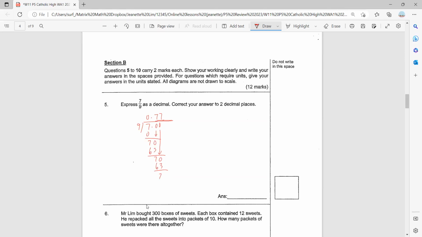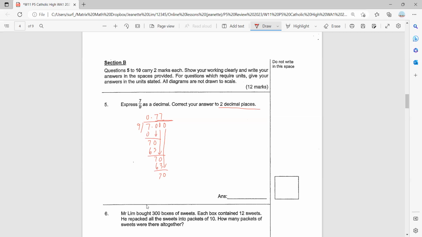Yes, correct. That's the other thing I want to say. You know why we must stop at the third one? Because if you just stop here, then you will probably write the answer as 0.77.